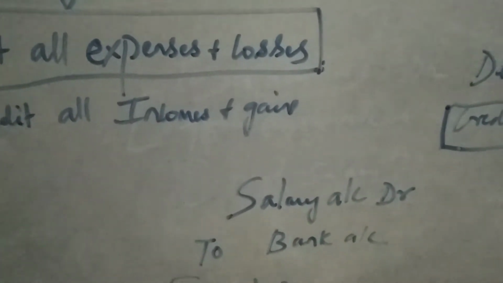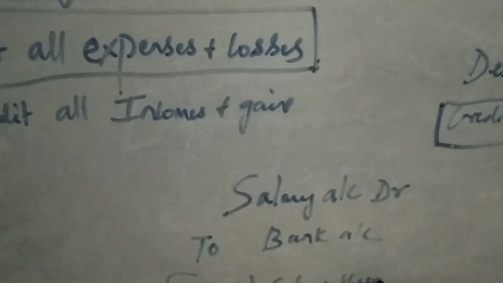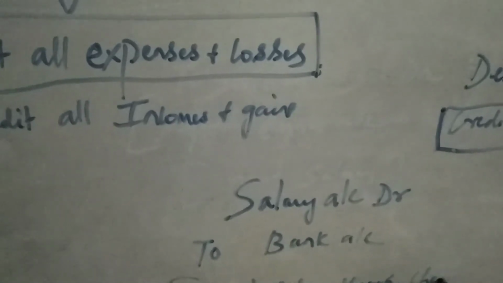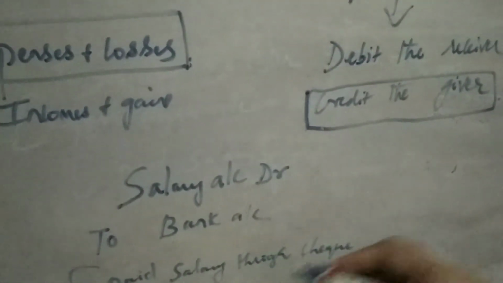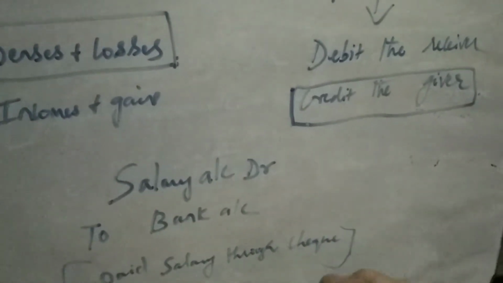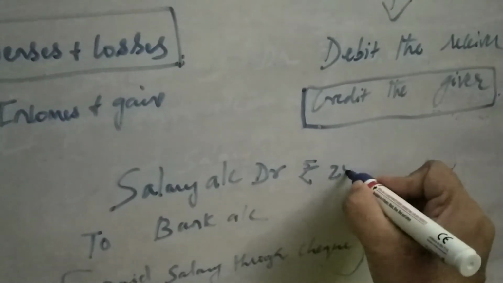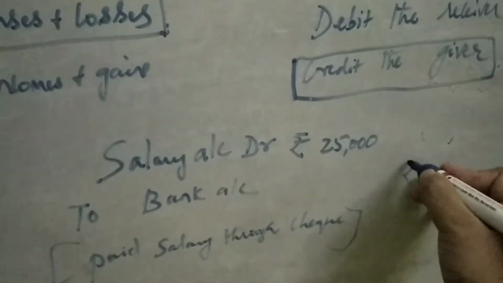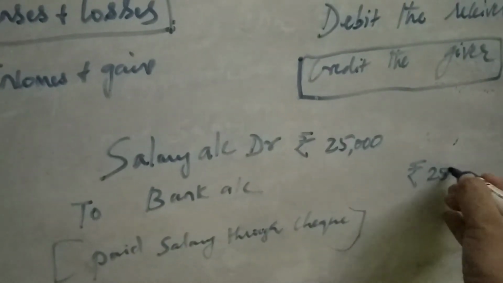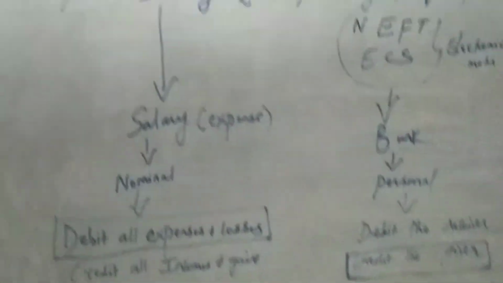Paid salary through check or whatever, whether it is through ECS, whatever is given in the transaction, write it. Able to understand, children?